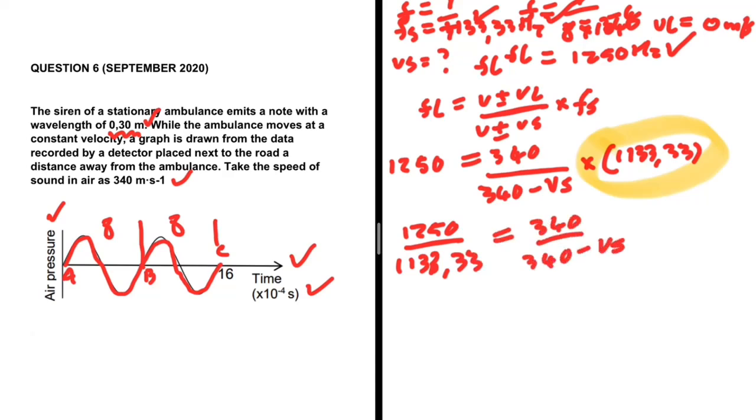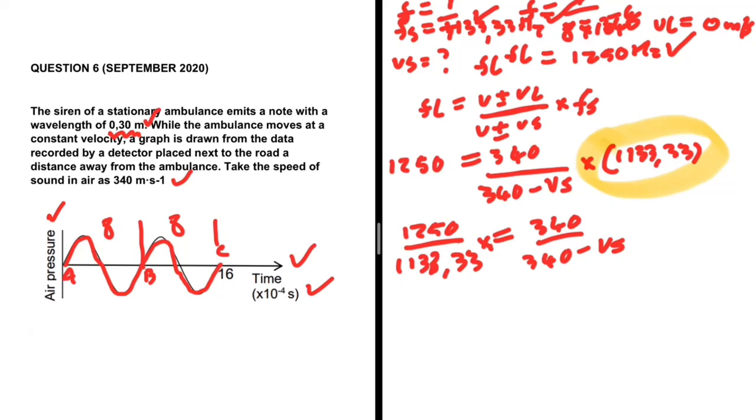I can divide those numbers on the left-hand side, or I can just cross multiply at this point. Whatever method you use to solve for VS, there's no issue. We can use different methods, but we will get to the same answer if we don't make an error.